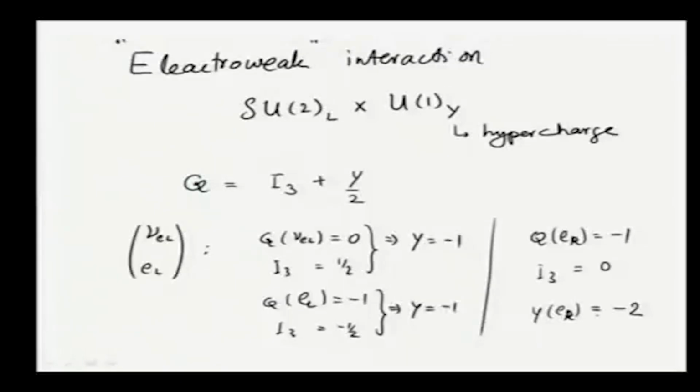There is a quantum number which makes the left handed and right handed electron distinguishable, which is the hypercharge, and also the isospin.